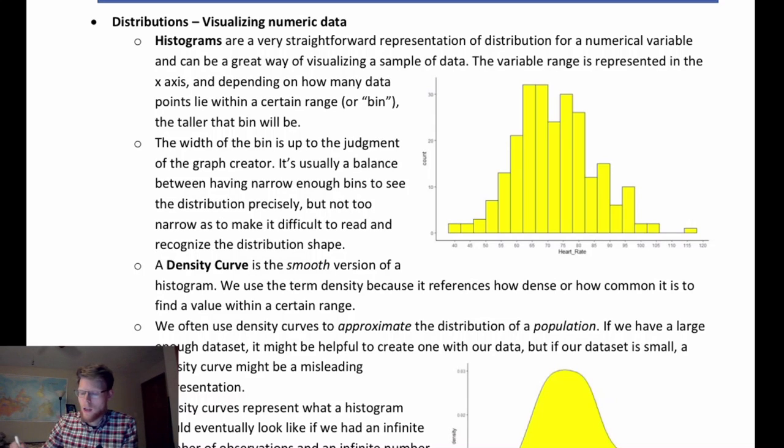So if I highlight right around here, most of the class seems to be between about 60 and maybe about 80, 85. And then after that, we see a real drop off in how many folks have heart rates beyond those limits. So obviously, we have heart rates across a pretty large range, but the histogram helps us see the shape of our variable here.